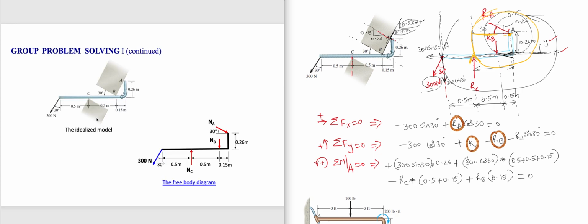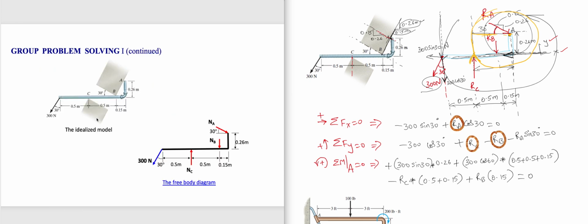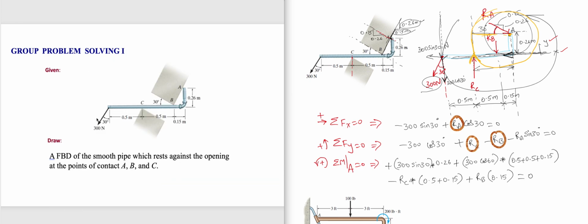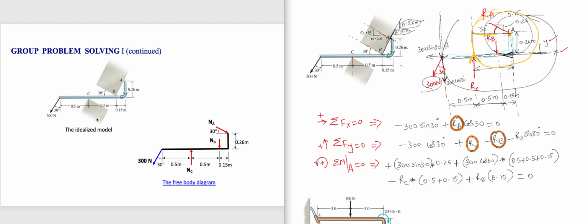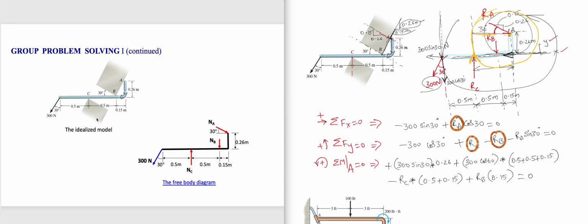The way we can solve the problem is by setting up this free body diagram, and when we use the three equations, we can find the reaction forces, which are RA, RB, RC.